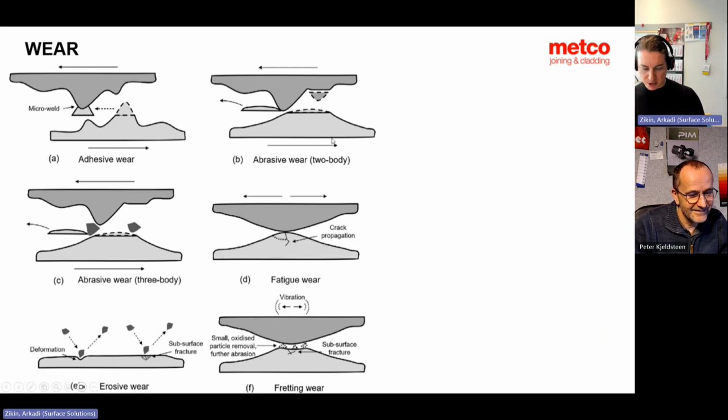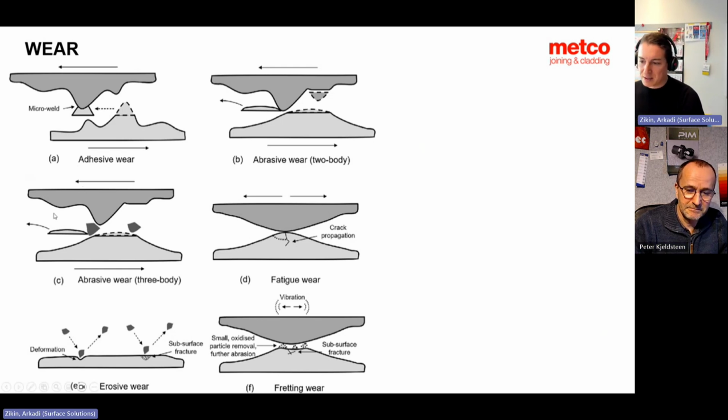And there's two-body abrasion. That means if we have only two bodies interacting against each other, soft against hard and hard against soft, then the very simple rule: the harder material is going to take the softer material away. So cut it away, chip it away, depending on the properties and how hard the opposite material is. There is also so-called free-body abrasion.